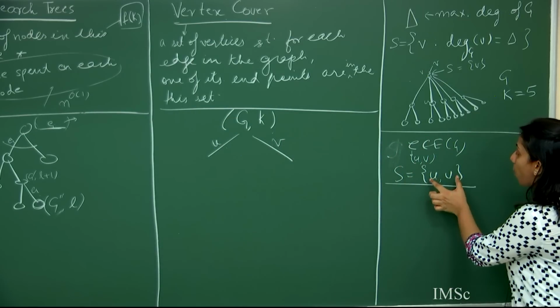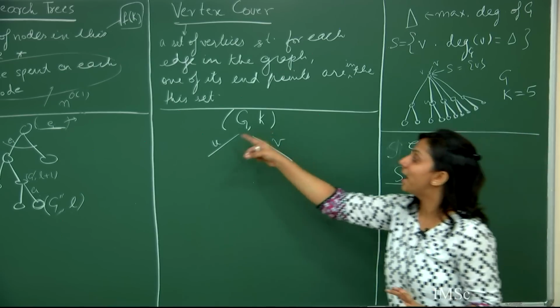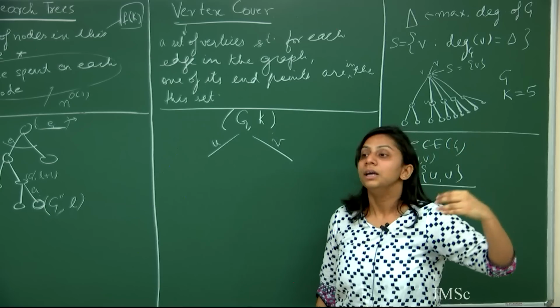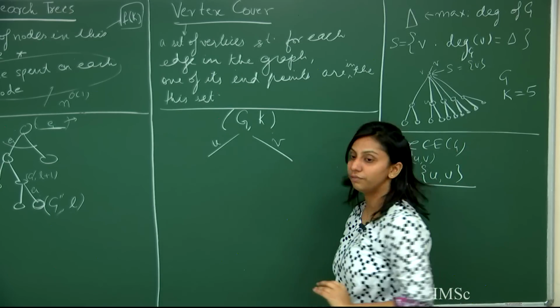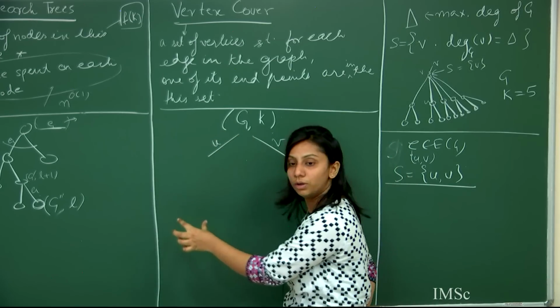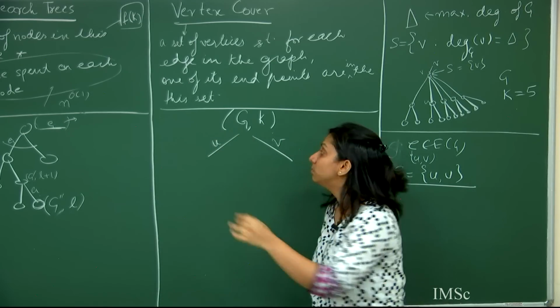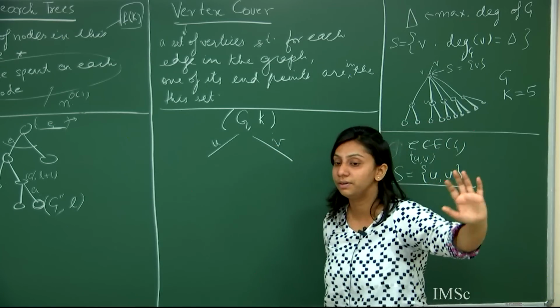We know that one of these vertices is there in the solution. When I branch on U, it's like assuming that U is in the solution. When I branch on V, it's like assuming that V is in the solution. So whatever I do in the following branch, I'm under the assumption that U is in the solution, and in the other branch, that V is in the solution.